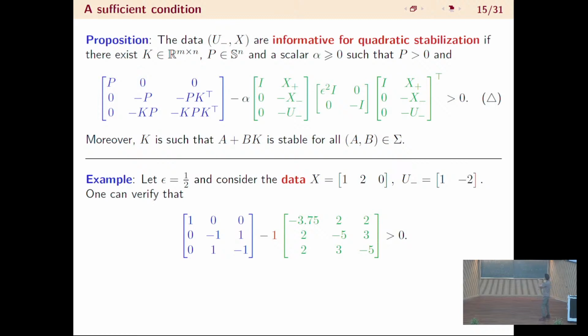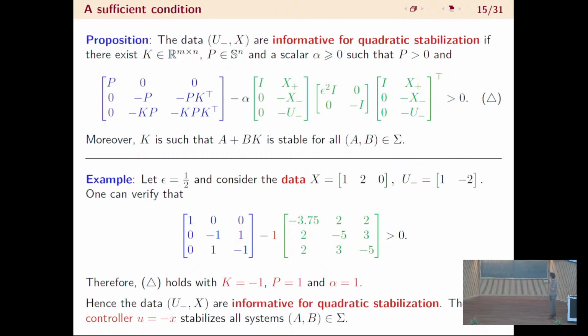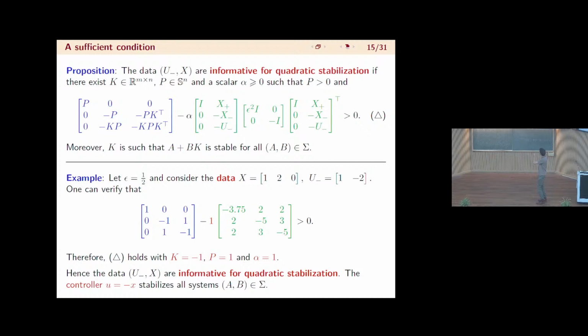So this matrix M minus alpha n is positive definite. If you want to check that yourself, just check the eigenvalues of this matrix. They're indeed all positive. So this is a positive definite matrix. Which means that indeed this inequality holds with K is -1, P is 1, and alpha is 1. Hence the data are informative for quadratic stabilization using this proposition. And the controller u equals -x stabilizes all systems consistent with the data.